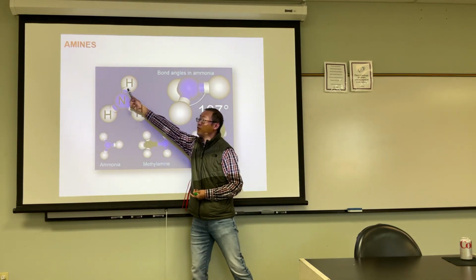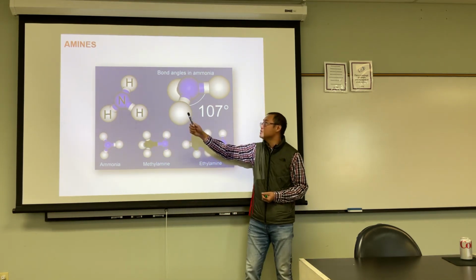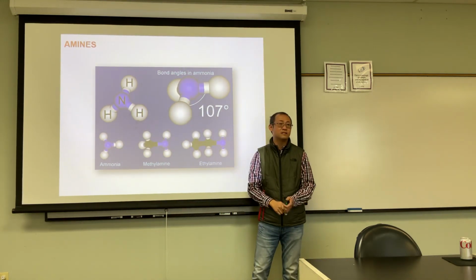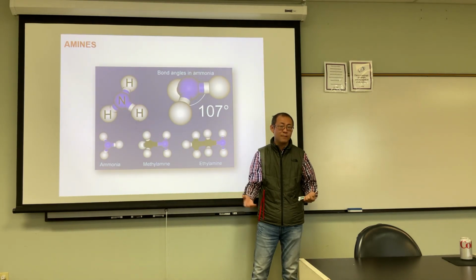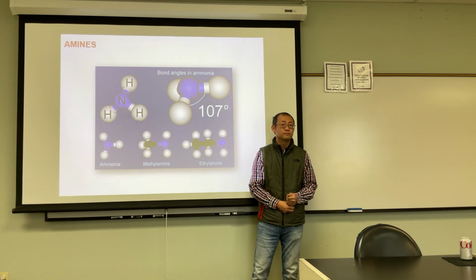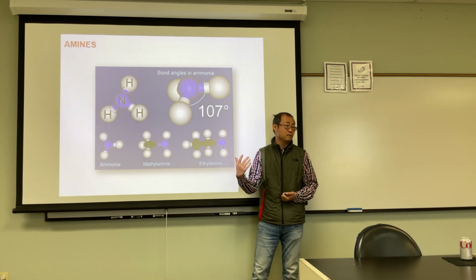Again, nitrogen has 3 bonds. If they're all 3 hydrogens, that's the simplest we can get. We call that ammonia. It is inorganic. It's not an organic compound. It doesn't even have carbon. Good? You can buy ammonia. It smells terrible. You can buy a bottle of ammonia for cleaning purposes.